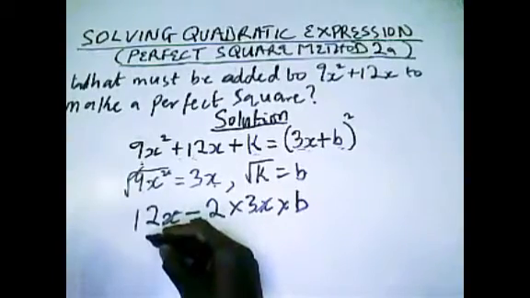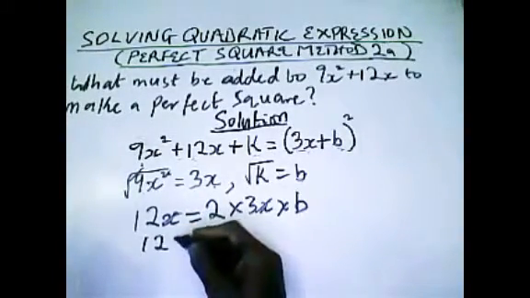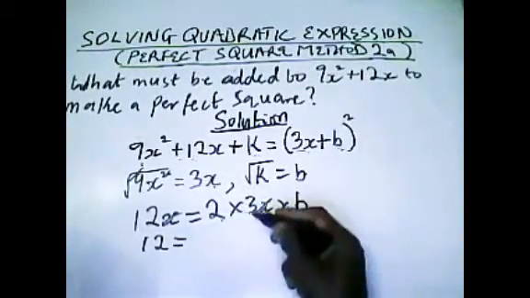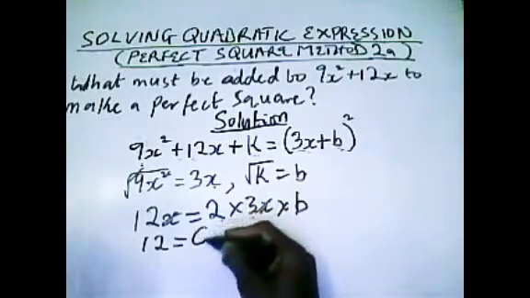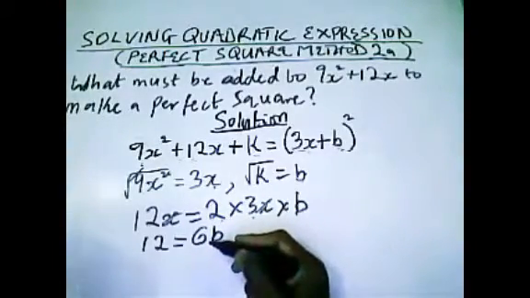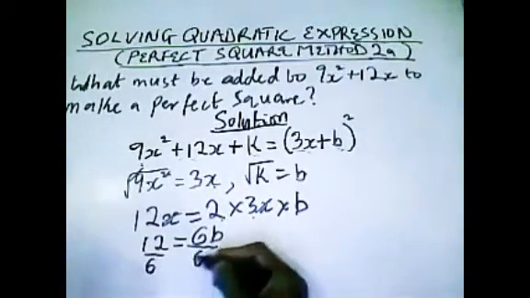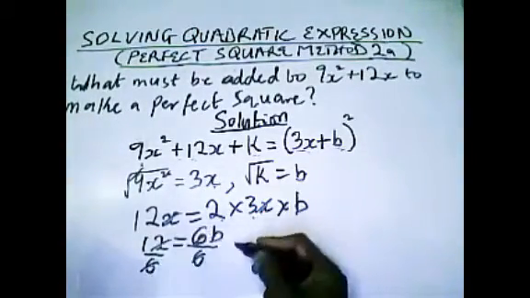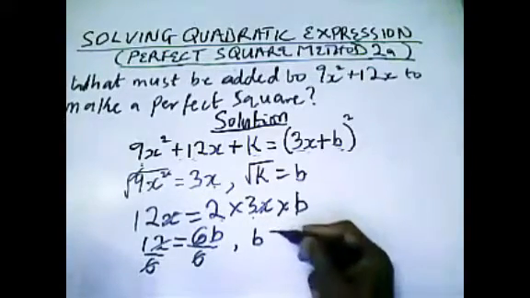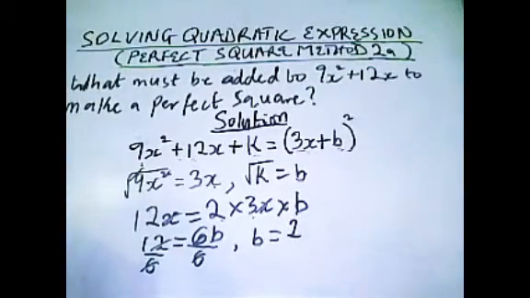You'll be left with 12 equals 2 times 3 times b, which will give us 6b. And if you divide both sides by 6, you are going to have the value of b to become 2. So b will become 2.